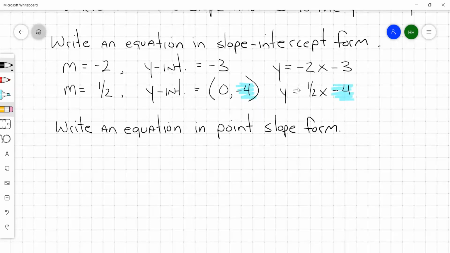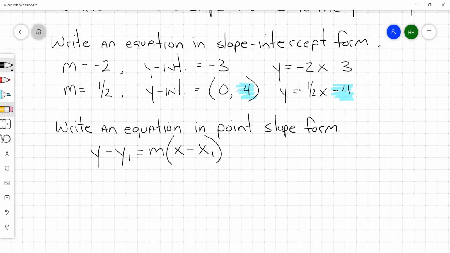But let's talk about point-slope form here for a second. So write an equation in point-slope form. This is point-slope form, guys. It's y and then the opposite of the y value given equal to the slope, which is your m, left parenthesis, the letter x, and then the opposite of the x value that's given.